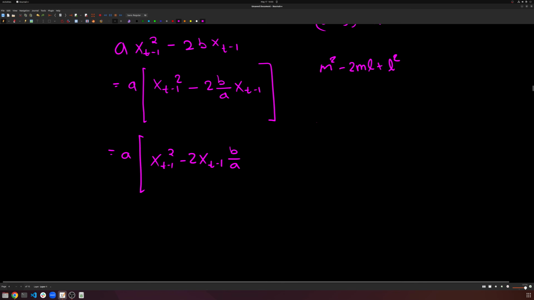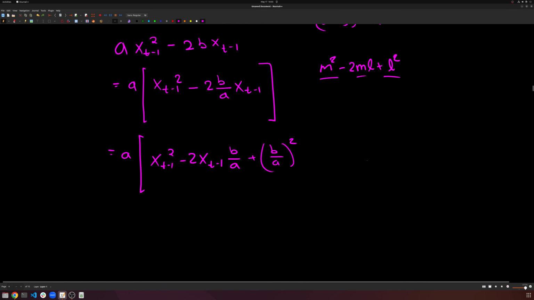We end up with m squared, which is our xt minus 1 squared. That's fine. The negative 2 shows up, negative 2 and negative 2, good. And m shows up again: instead of xt minus 1 squared, it's just xt minus 1. And we have this l, b over a, which means l squared would be plus b over a whole squared.